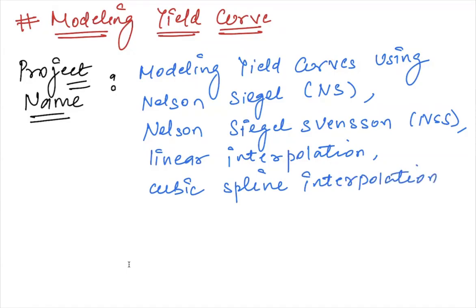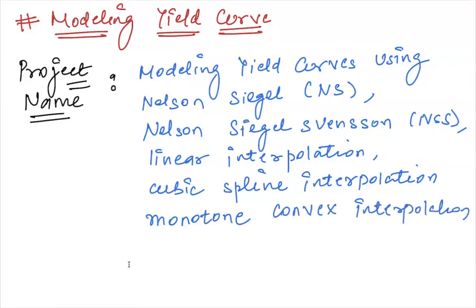If I have time, I'll also take into account monotone convex interpolation. This is a proper quant modeling project because even in the industry, when you talk to industry folks, I know for a fact that people use linear interpolation, cubic spline, and monotone convex very rigorously.